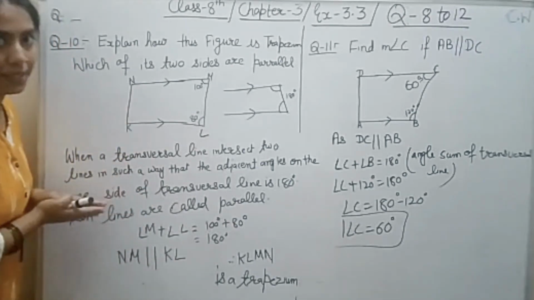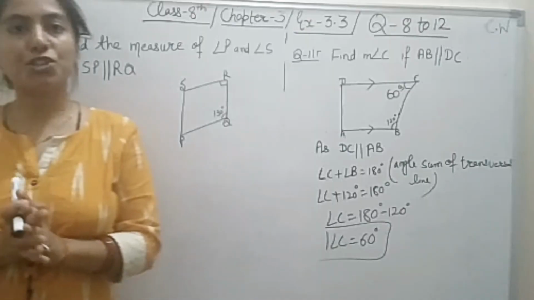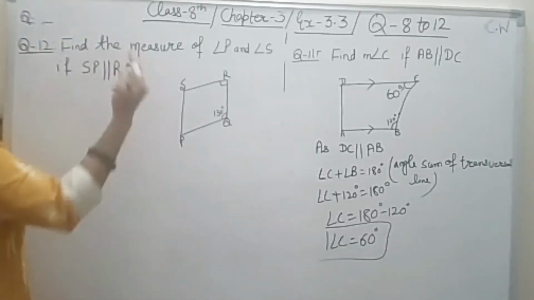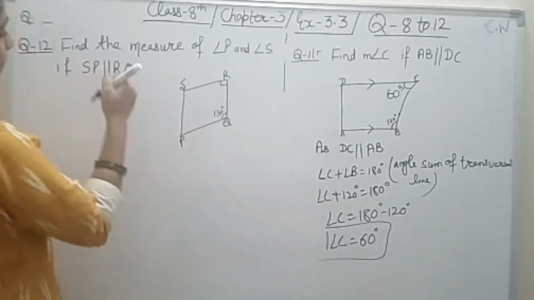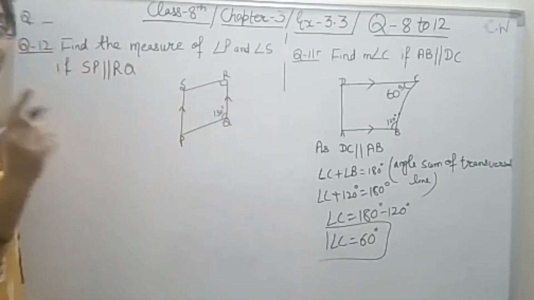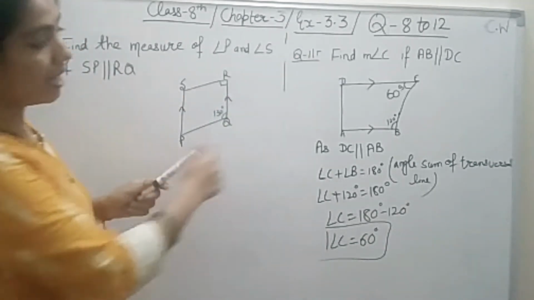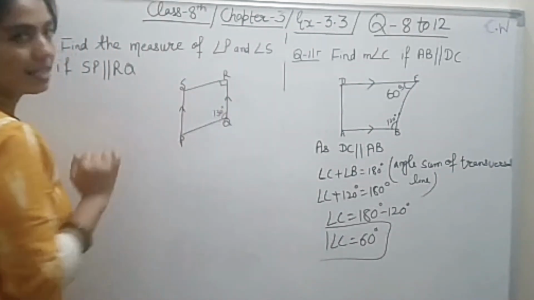This is very important. Okay, now coming to the last question of this exercise. Find the measure of angle P and angle S if SP is parallel to RQ. Now see students, in the last question these two lines are parallel.